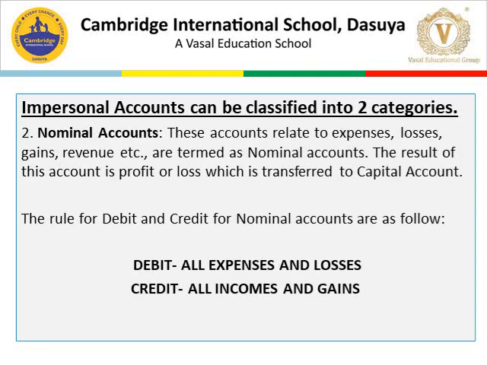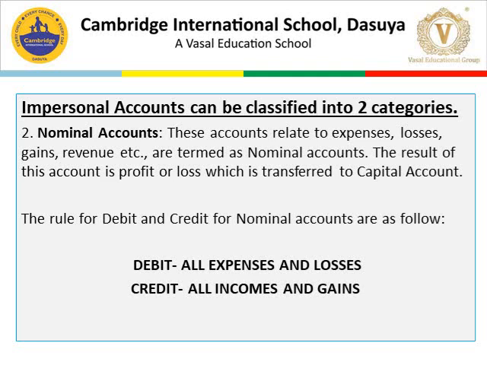Second one is the nominal account. Nominal account normally covers all expenses and losses, incomes and gains. So these accounts relate to expenses, losses, gains and revenue. Revenue, that is your income, is termed as nominal account. The result of this account is profit or loss, which is transferred to the capital account.